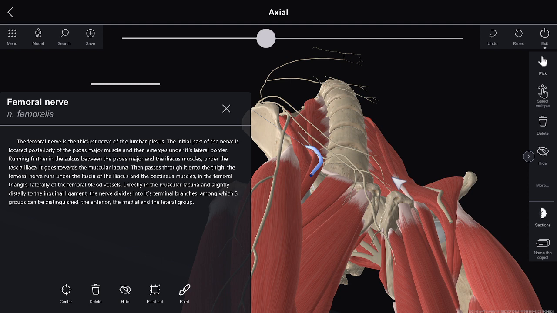Lacuna vasorum is the medial space for arteria femoralis and vena femoralis. So this is lacuna vasorum.